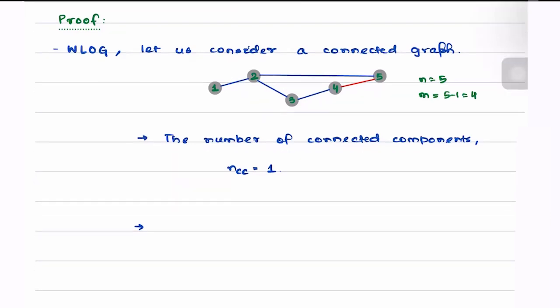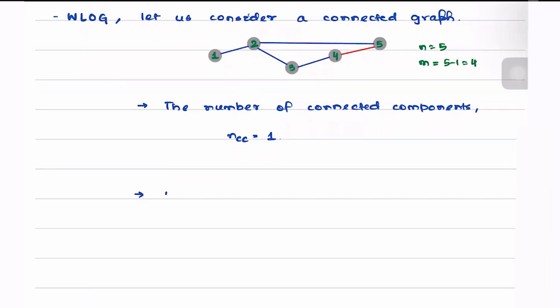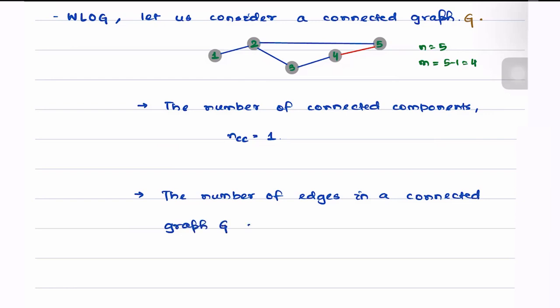Meaning, in general, what we can say with certainty is the number of edges in a connected graph, let's write it here as we denote the connected graph as G, is say, M. We can highlight it.